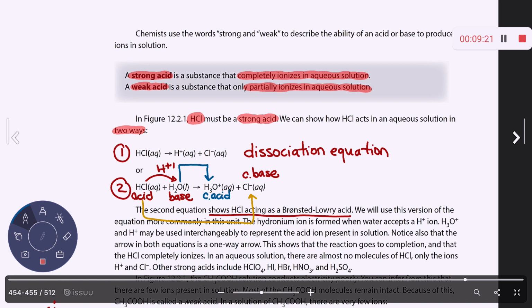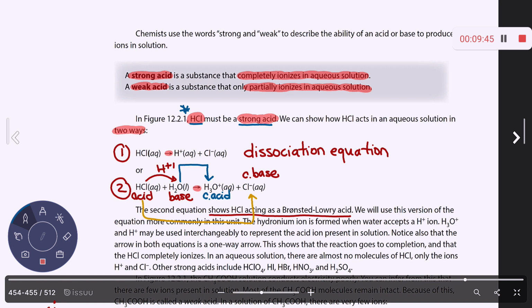Now, you'll also notice that we have a 1 direction arrow. That's because when it's a strong acid, it completely ionizes in solution. It doesn't turn back around and reform those molecules. So make sure you know that HCl is a strong acid. Like, that's something that you need to know.